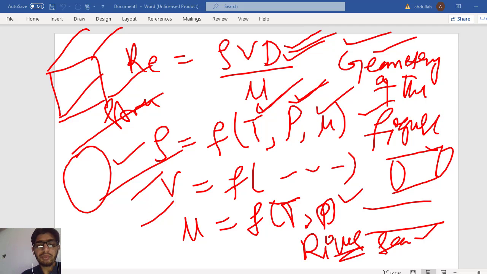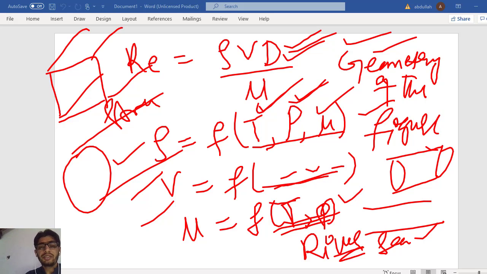So the Reynolds number depends upon many parameters like temperature, pressure, viscosity, diameter or length or geometry of the figure, thermal conductivity, and other physical quantities. So there are many variables which affect the fluid flow.